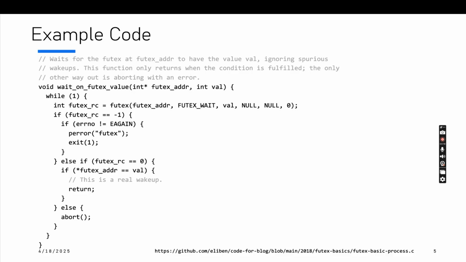Here is an example I was able to pull from GitHub, mainly to show how Futexes wait to acquire a lock.